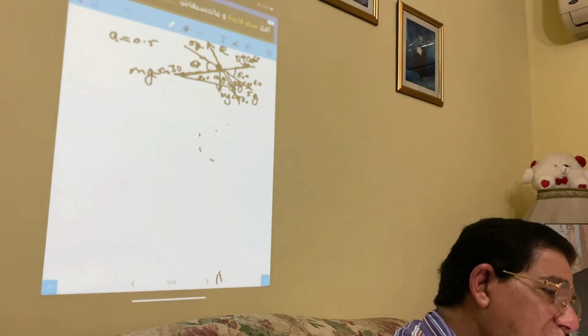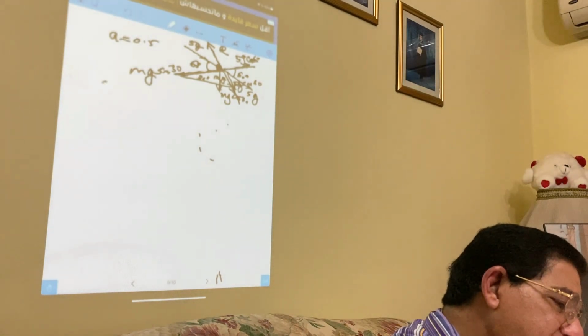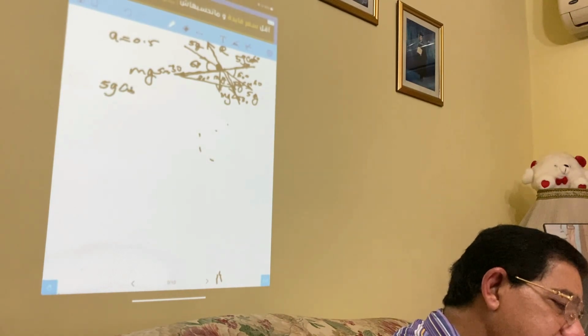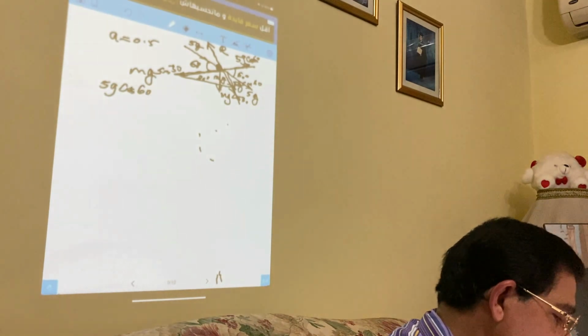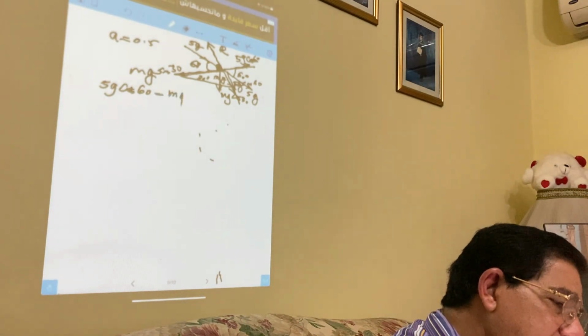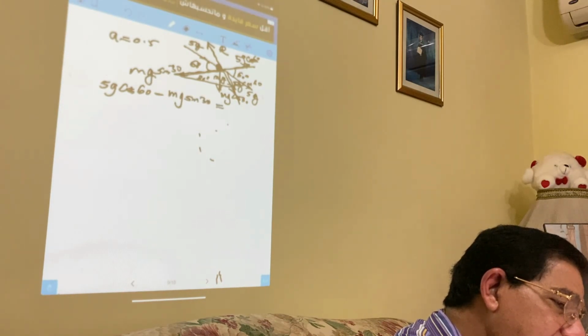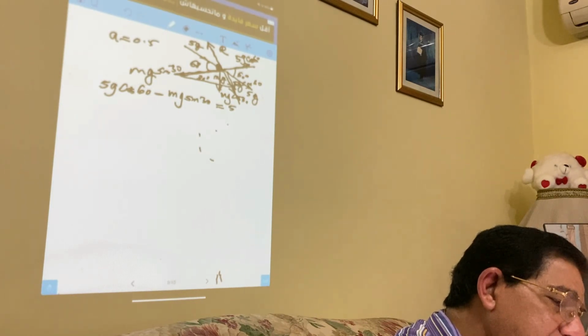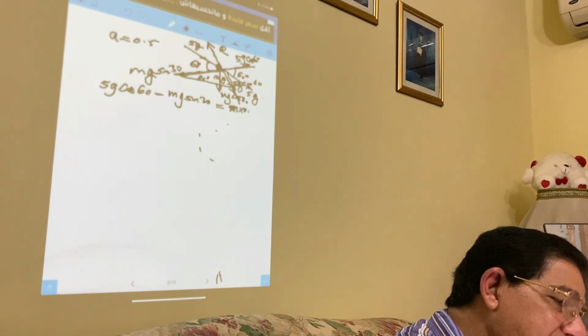So in the direction of motion, 5g cosine 60 minus mg sine 30 equals the mass m times the acceleration 0.5.